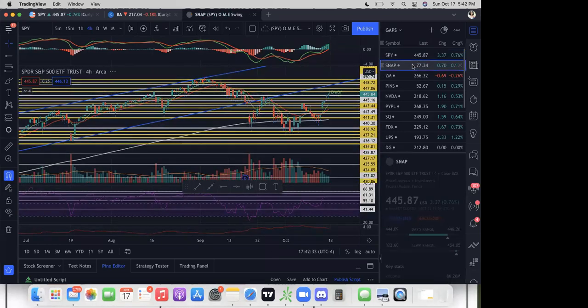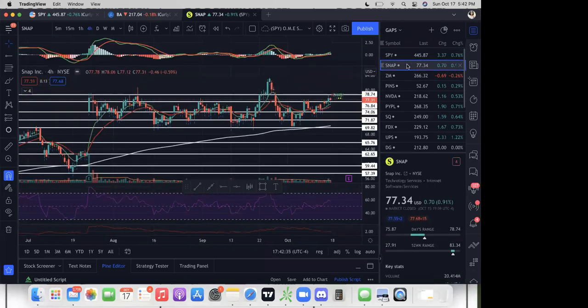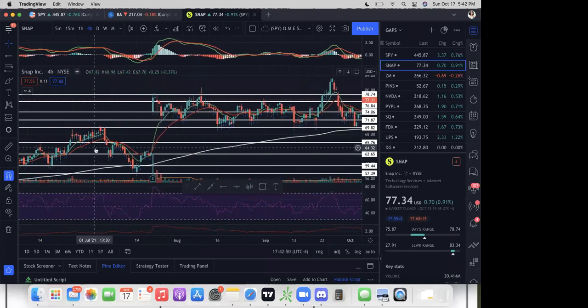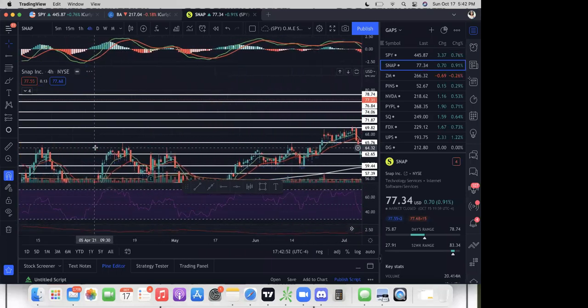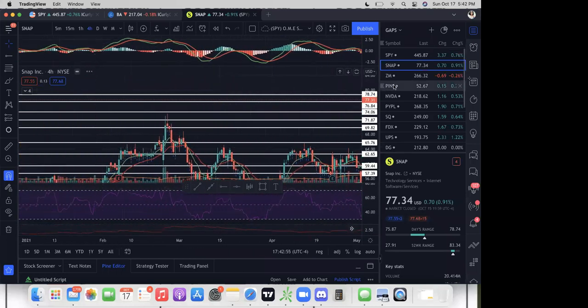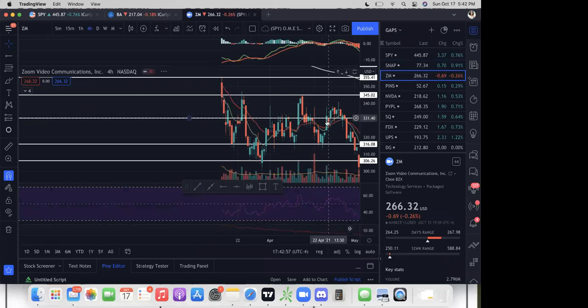What it means when we talk about gaps is there's obviously a huge gap in price where price just completely jumped up. There was no slow climb, just an obvious gap in the prices. Let me see if I can give you an example on this chart. I'm sure Zoom has a bunch of gaps.